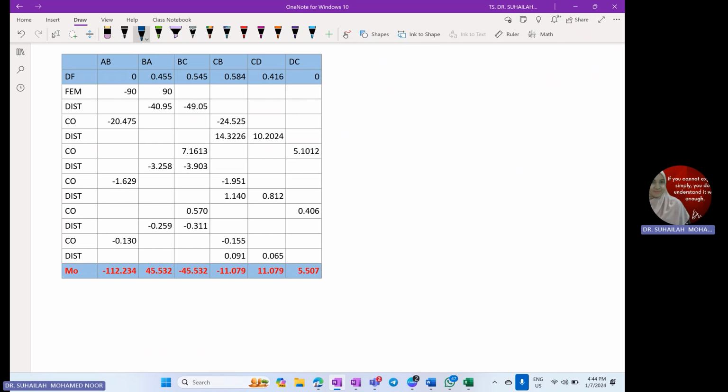So if we draw AB, BC, and CD, okay, this value is actually negative 112.234. It is negative. And then we have 45.532 positive.